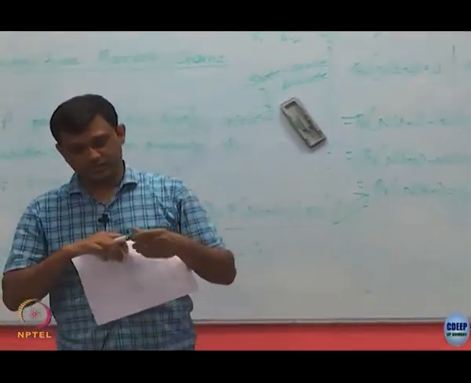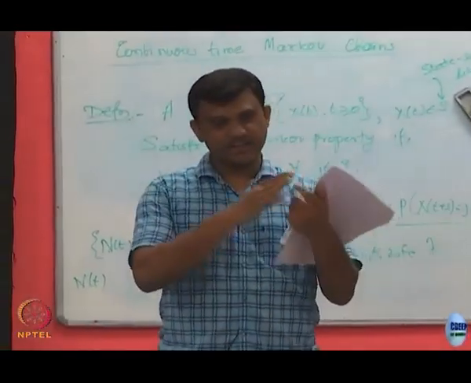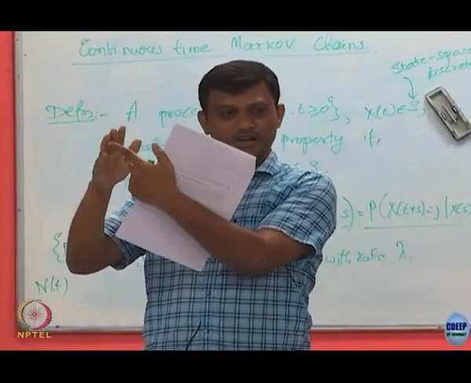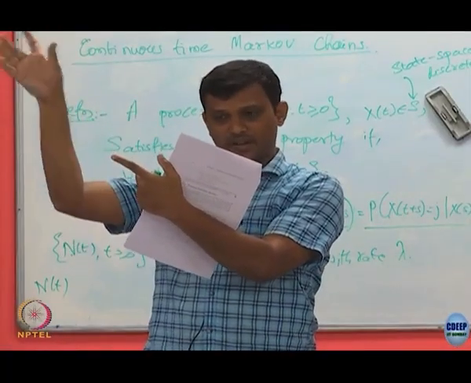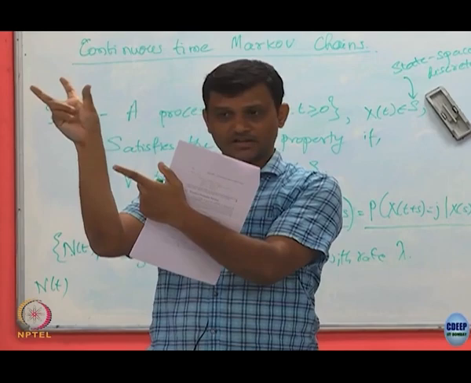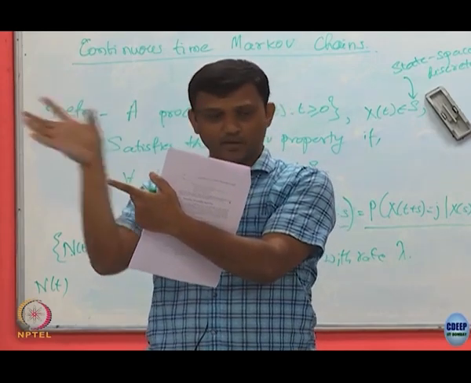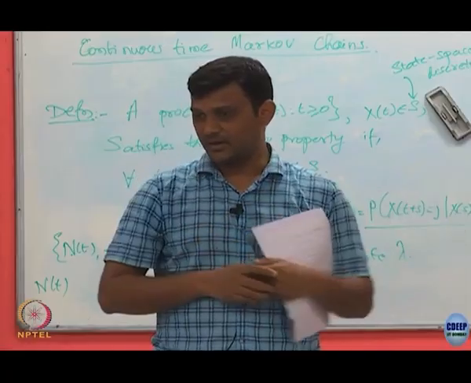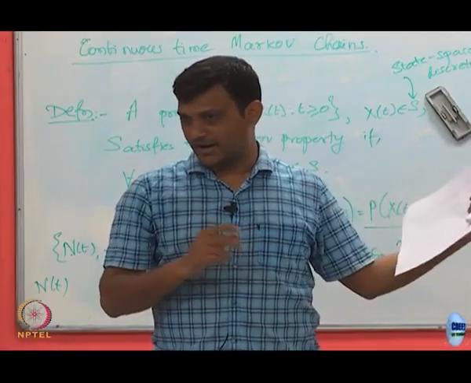Let's say something has happened in this interval, and the amount of increment that is going to happen in the next interval is going to depend on what has happened in the previous interval. Then they are not independent, right?